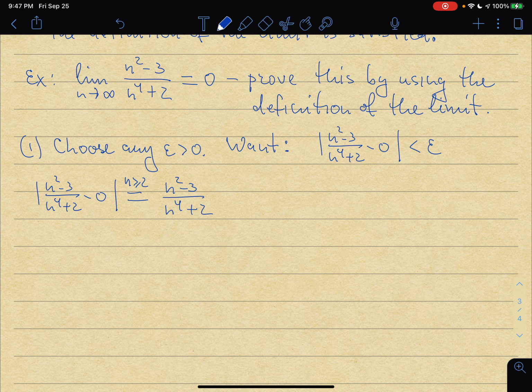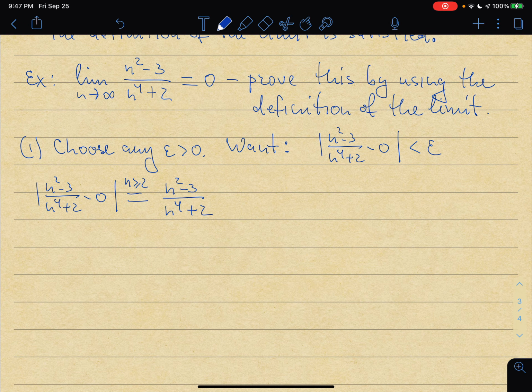So rather than saying that this fraction is going to be less than epsilon, first I'm going to try to simplify it in such a way so that the fraction can only get bigger. If then I have a bigger fraction and it's less than epsilon, then this fraction will be less than epsilon. And here it actually is quite easy to do.